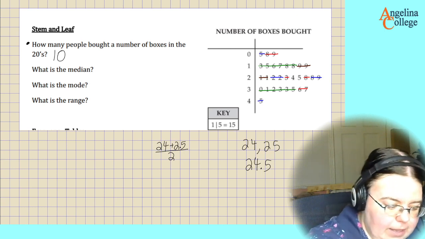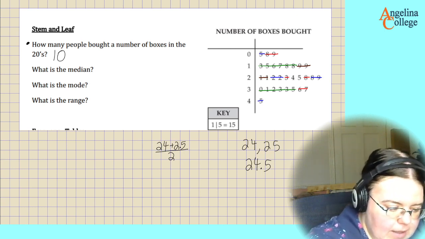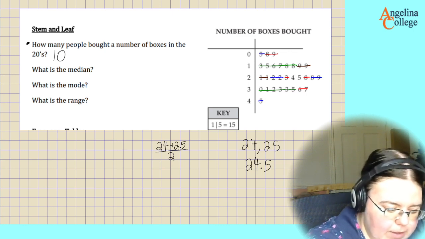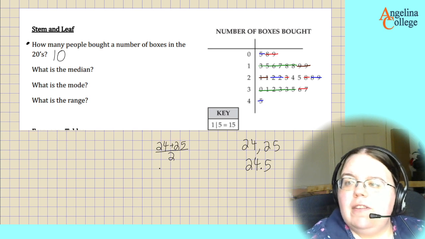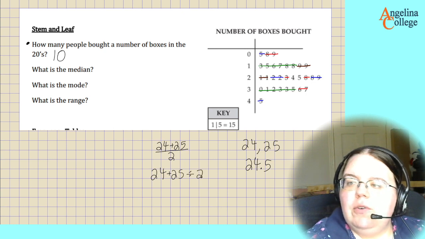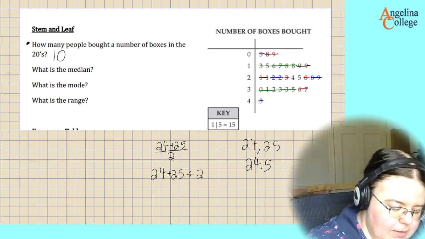We can then grab our calculators and say, okay, 24 plus 25 divided by 2. If your calculator doesn't put it in a fraction display and you punch in 24 plus 25 divided by 2, however, you'll get something different.